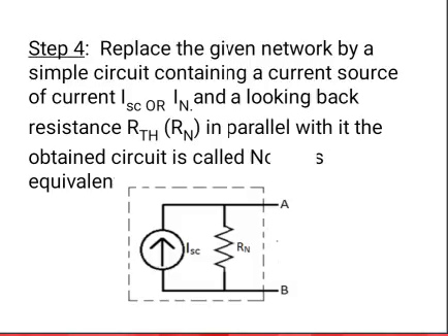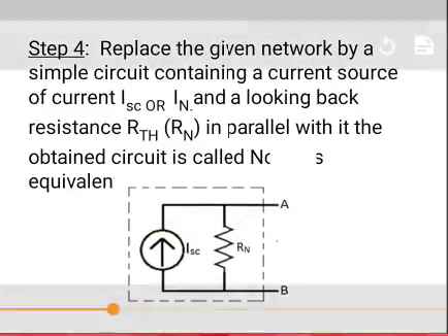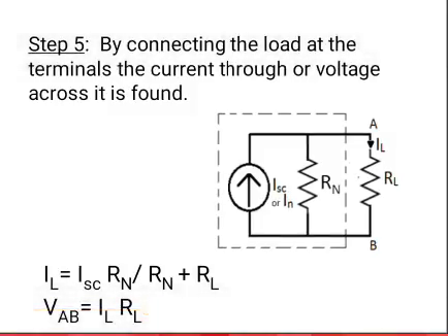Step 4. Replace the entire network by a simple circuit containing a current source of ISC and a looking back resistance, Norton's resistance, connected in parallel with it. Step 5.